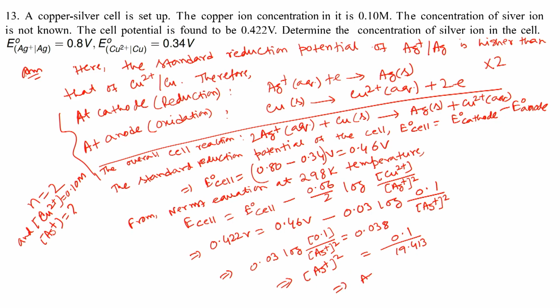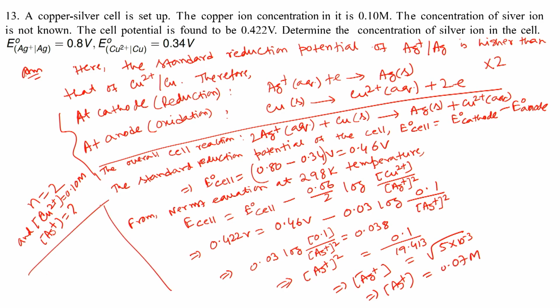So the concentration of Ag+ will be the square root of 5 times 10 to the minus 3, so we get the concentration of Ag+ as 0.07 M. Therefore, the concentration of silver ion Ag+ is 0.07 M.